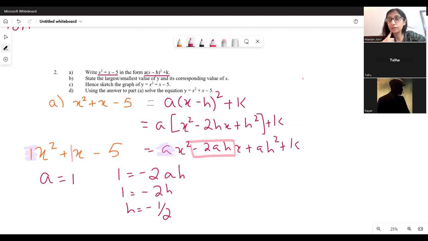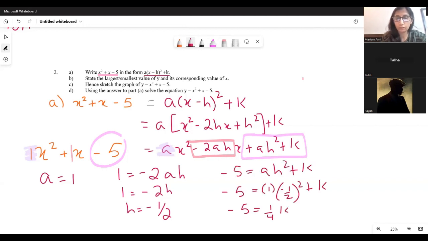And now we compare the constants on both sides. The constant here is minus 5 and the constant here is ah square plus k. So minus 5 equals 1 times minus half square plus k. So minus 5 equals 1 by 4 plus k. So k equals minus 5 minus 1 by 4. It is minus 21 by 4.